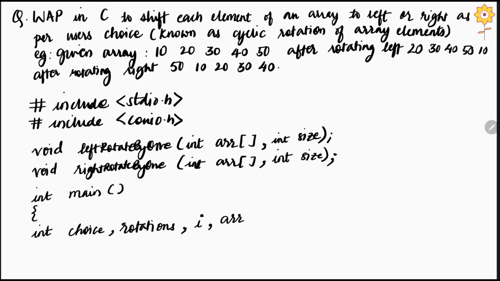Whatever is the name of the array, followed by a square bracket, and in the square bracket you will write how many elements are there in the array. Here we are writing 10, so this array can take up to 10 elements, not beyond that. Then you will put a semicolon. So, our declarations are done.